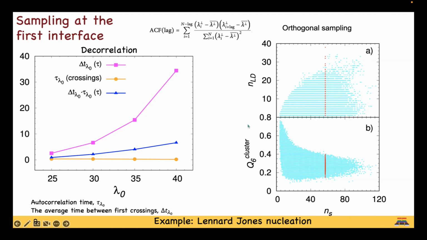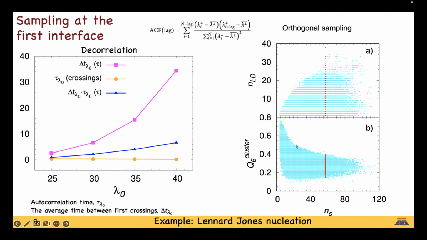And what we're doing is we are looking at the first interface. These are our configurations and how are they spanning in the orthogonal space. And the two order parameters that we are using to characterize this orthogonal space is another measure of the crystal size and the structure of the crystal, for example, right?